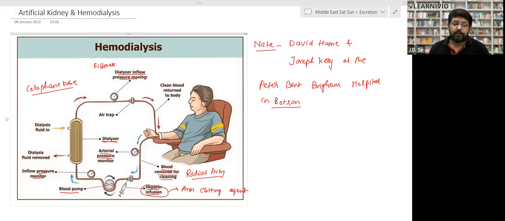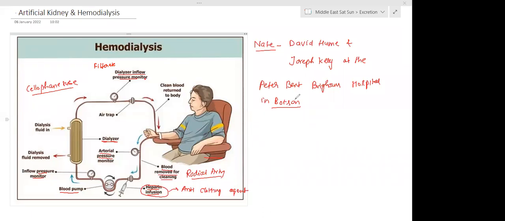That's how the dialyzer works. So hemodialysis is also known as artificial kidney. This is used for those people whose kidney is not working, right? Did you get that? Yes, sir.